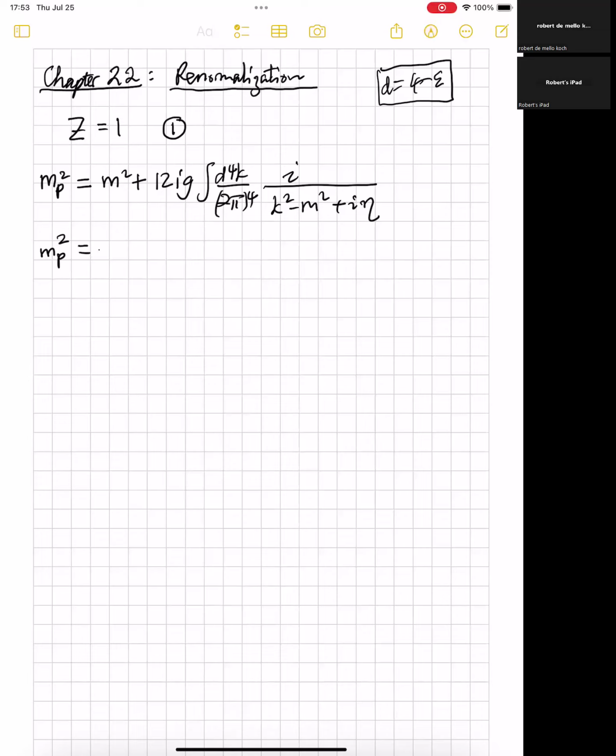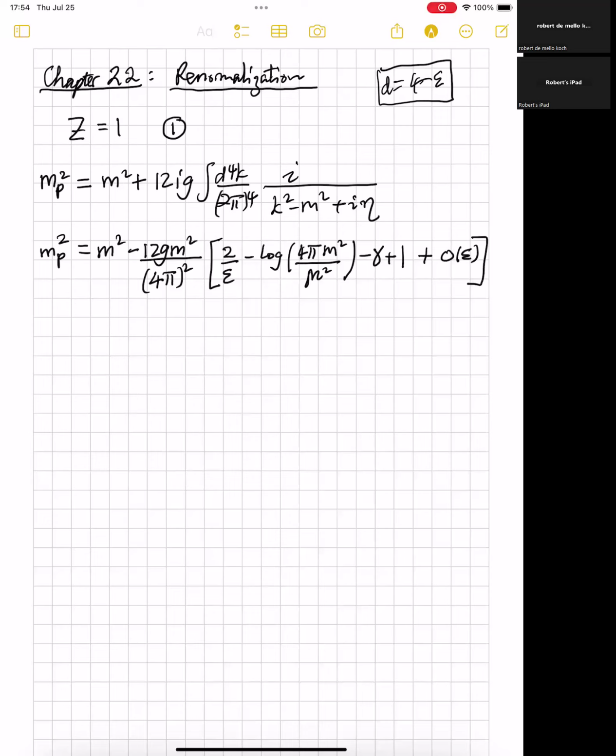We'll find m_P squared is equal to m squared minus 12 g m squared over 4 pi squared, multiplied by 2 over epsilon minus the log of 4 pi m squared over mu squared minus gamma plus 1, plus order epsilon.